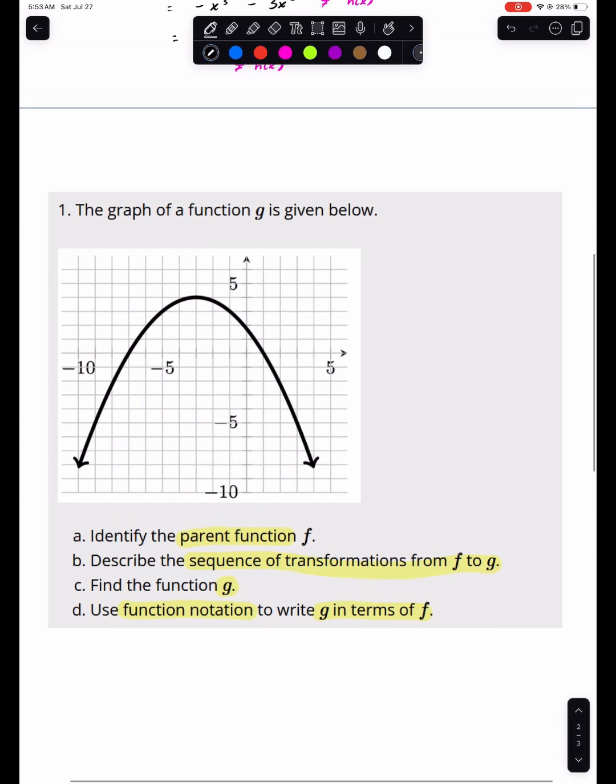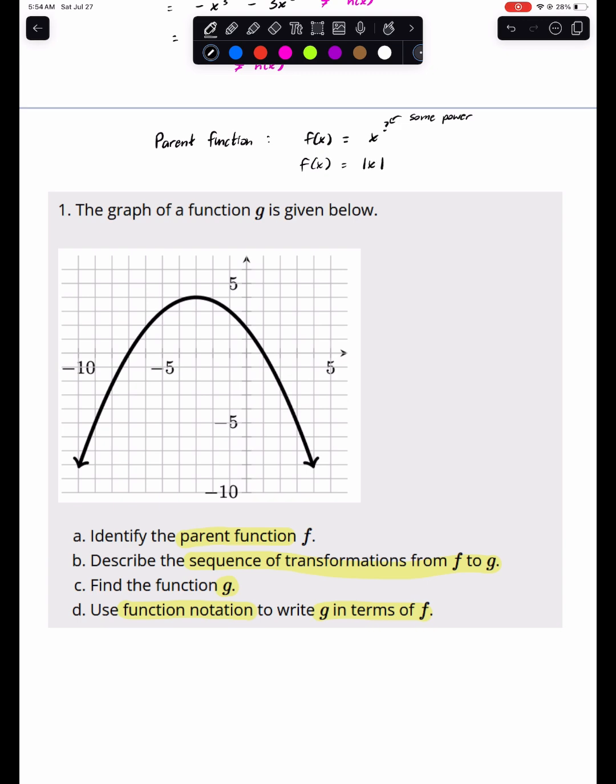Okay. So your parent function tends to be like f of x to some power. There are other special ones like f of x equals the absolute value of x.